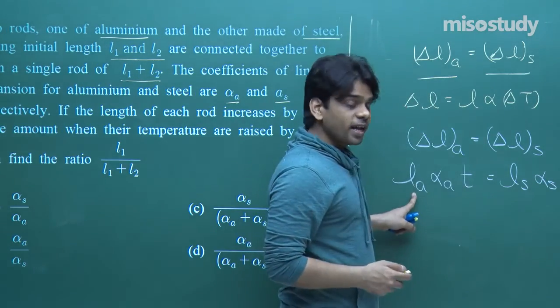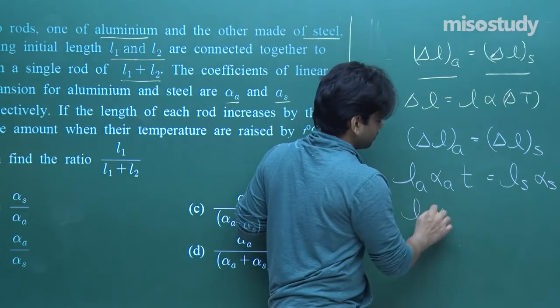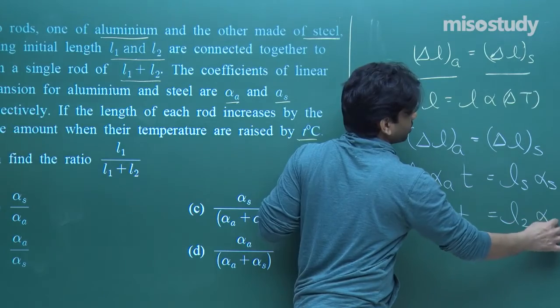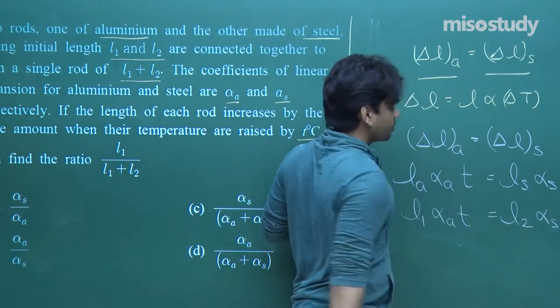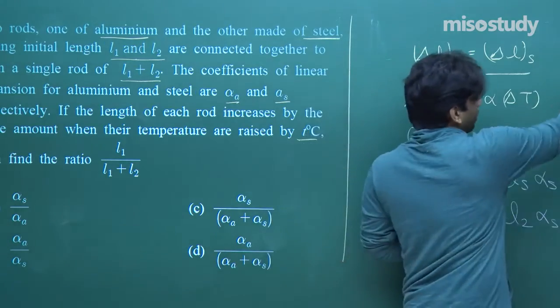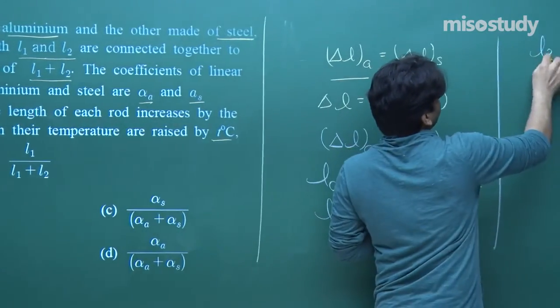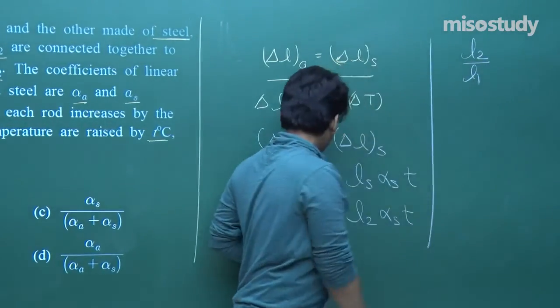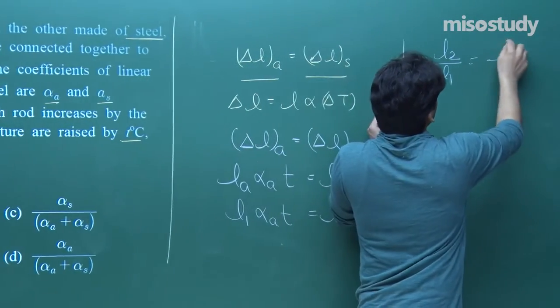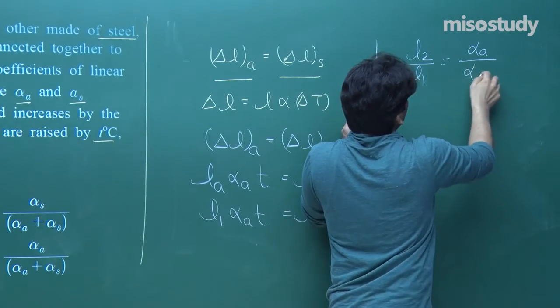Now LA is L1. I am writing the exact terms given in the question. So if I write L1 by L2, or L2 by L1, let me write L2 by L1. L2 by L1 will become alpha A by alpha S.